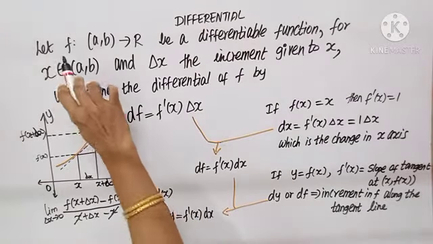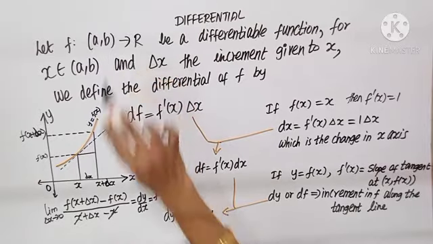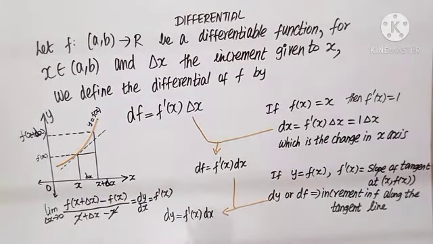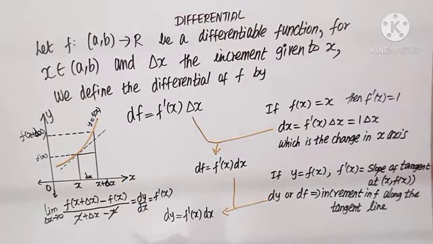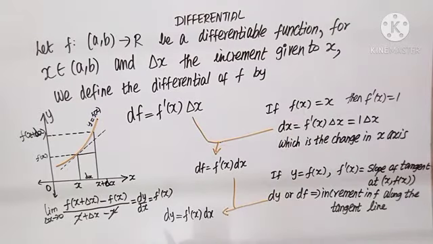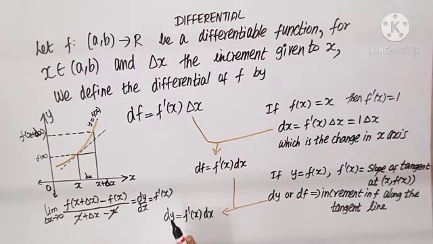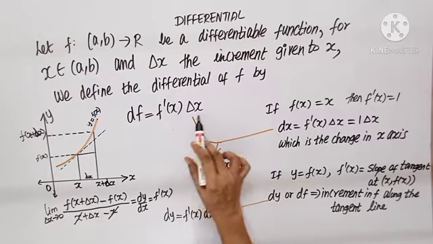If f is a function from an open interval a, b to real numbers, if f is a differentiable function for x in the open interval and del x the small increment given to x, we define the differential of f by df equals f dash of x del x.